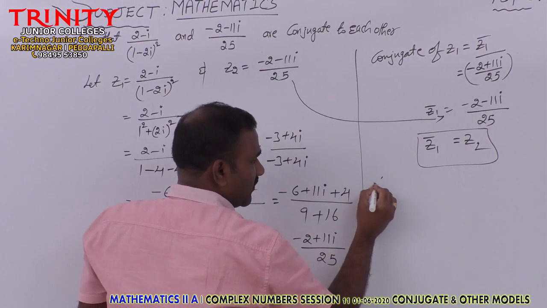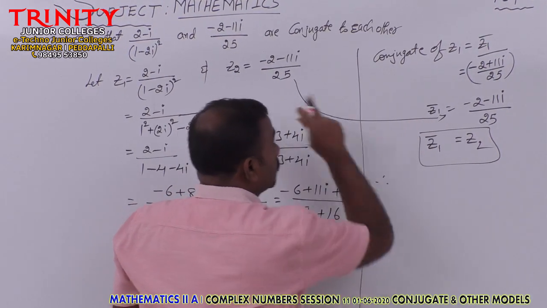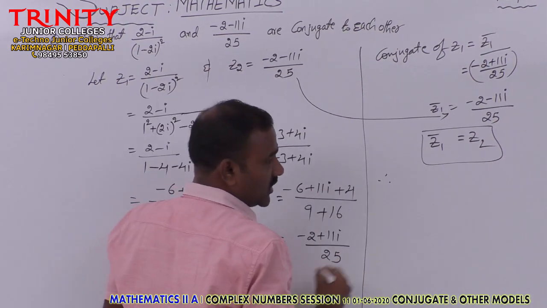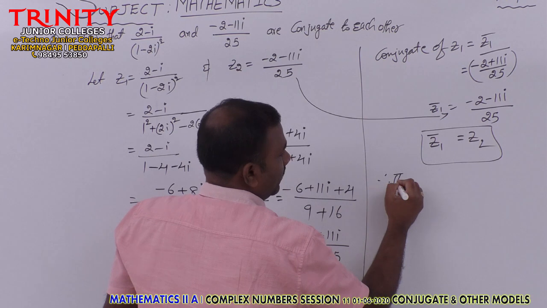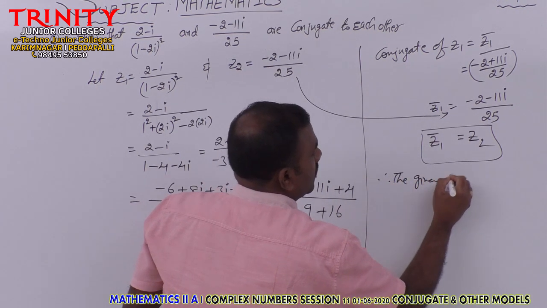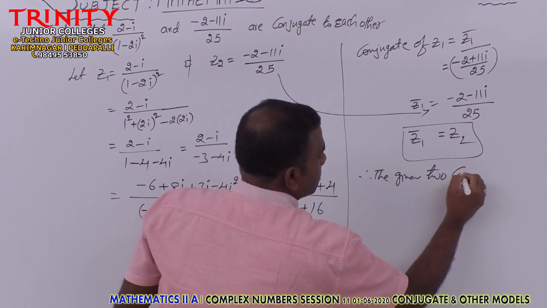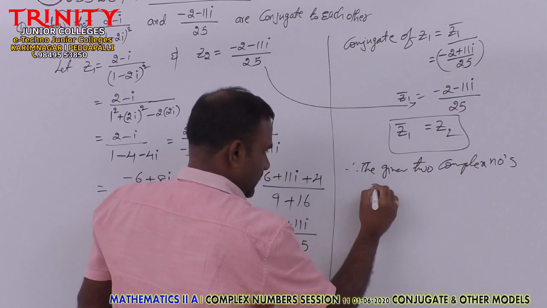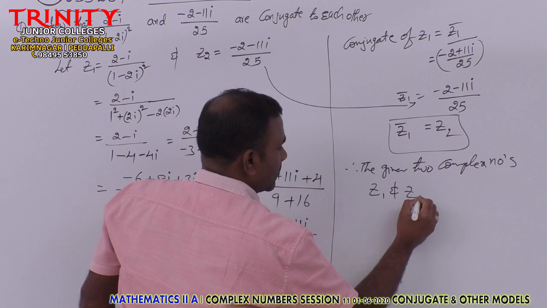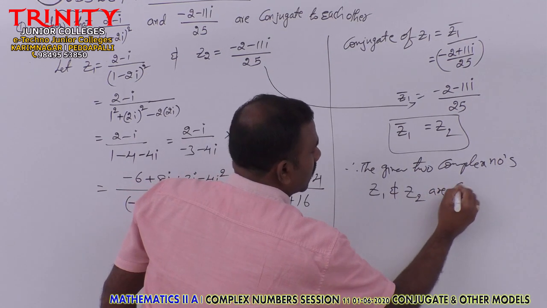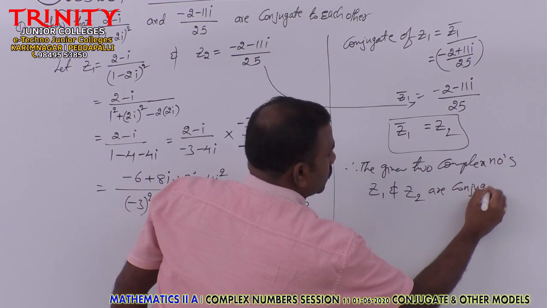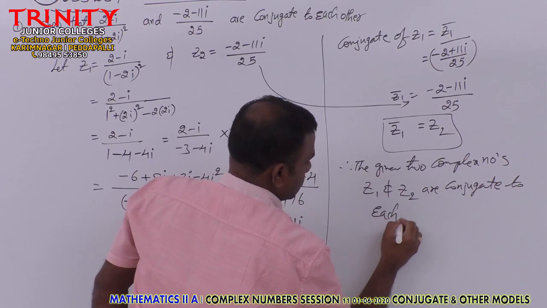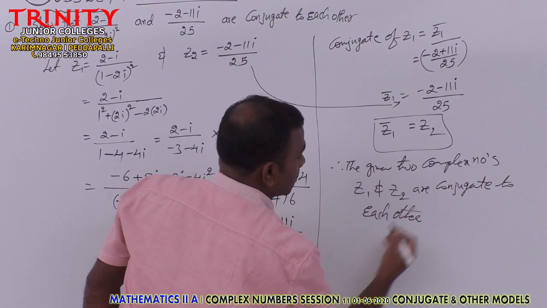Therefore, we can say that the given two complex numbers Z1 and Z2 are conjugate to each other.